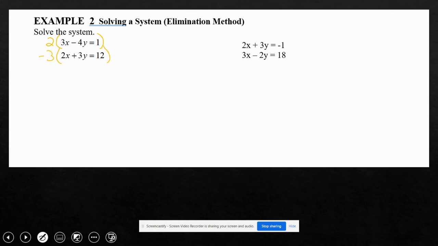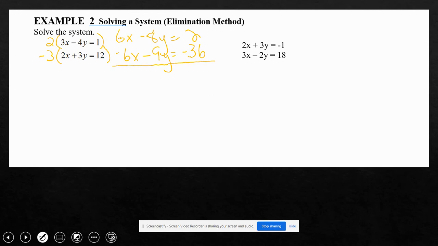I could have multiplied the top one by -2 and the bottom by +3. Again, that doesn't matter. When I do that, on the top I get 6x minus 8y is equal to 2. Negative 6x minus 9y is negative 36.